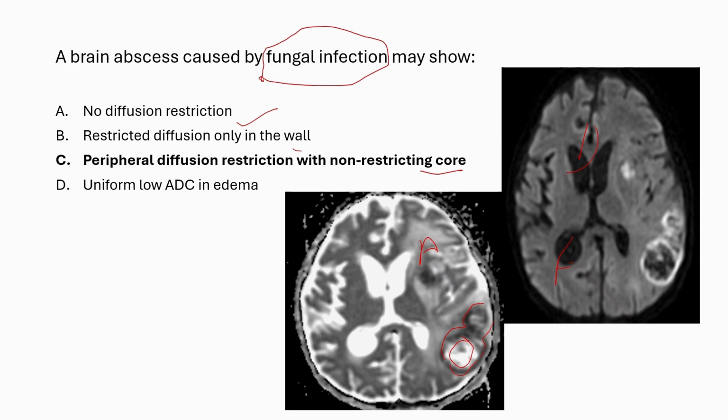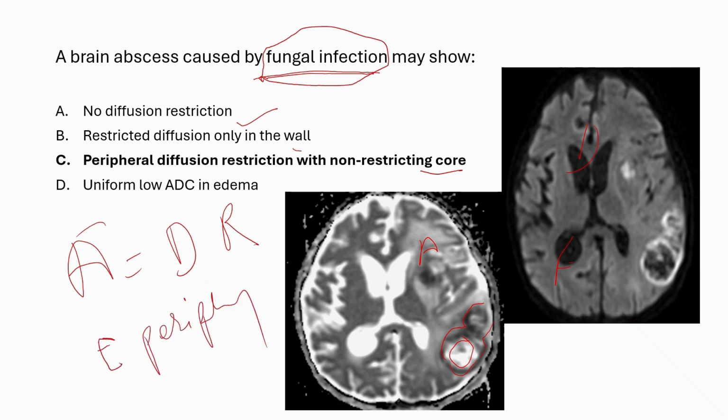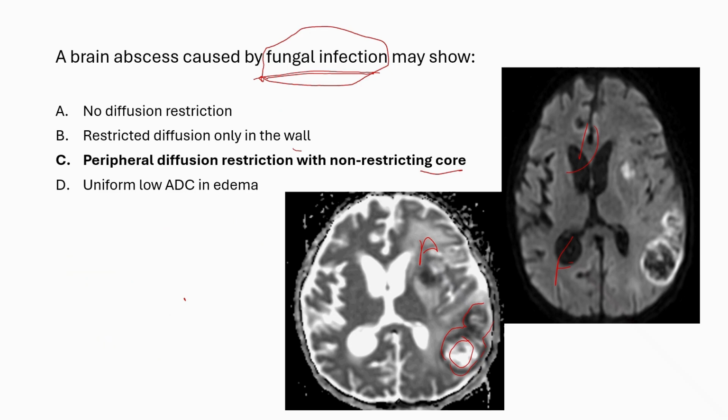Why is this? In previous slides we learned that the abscess shows diffusion restriction, but in this case why are we saying that the periphery shows the diffusion restriction? Let's look at the explanation. Fungal abscess must show restricted diffusion in the wall, projections or periphery. Why?